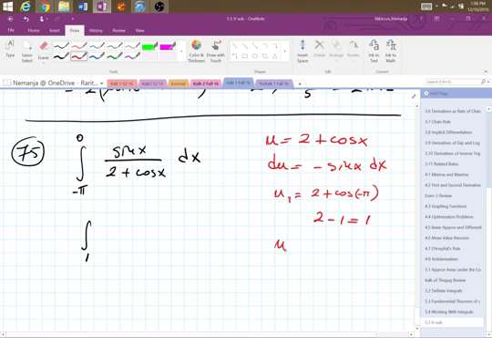Upper limit is 2 plus cosine of 0. How much is cosine of 0? Very good. So we have our limits to be 1 to 3 of what?